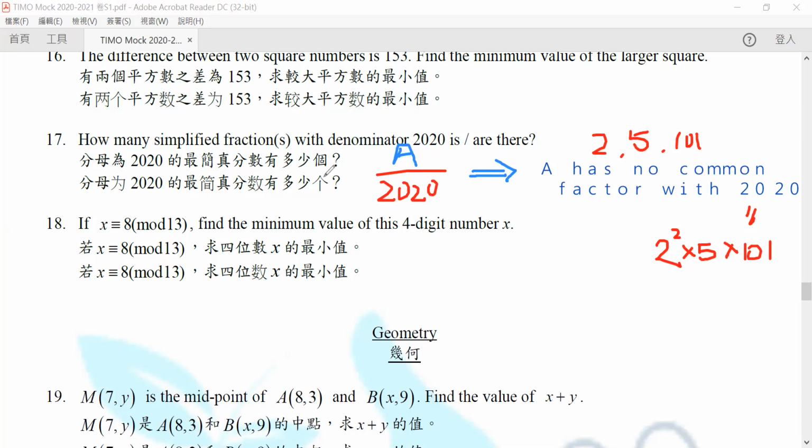So at the very beginning, we just consider the odd numbers. If we cross out all the factors of 2, what we remain is 1010.